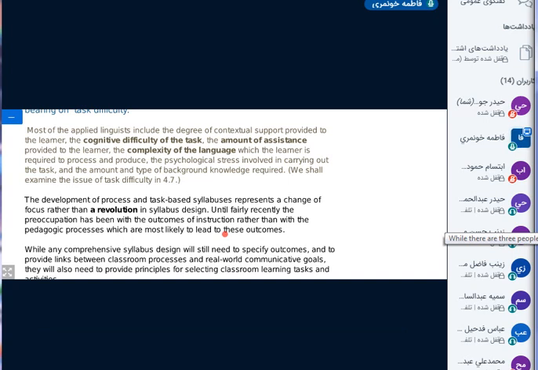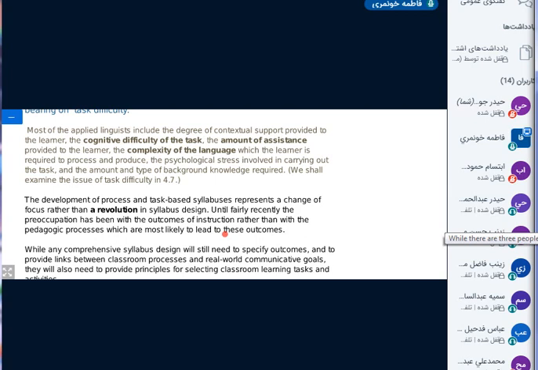The first one is that, based on what most of the applied linguists agree and say, the degree of contextual support that you provide your learners when they are engaged in a task can make it easier or more difficult to do. So the more contextual support you provide them, the task becomes easier to perform. The less degree of contextual support definitely would be very problematic and very difficult for the learners to engage in.